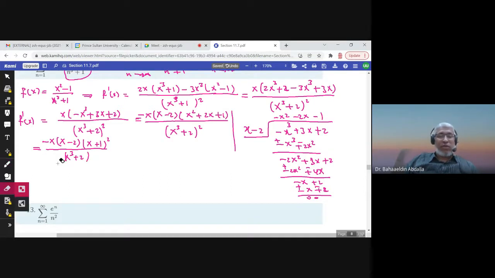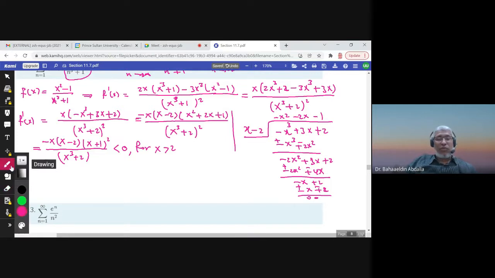So it wasn't really easy to factor this polynomial, okay? And now f prime has some zeros. 0 is a zero, negative 1 is a zero, 2 is a zero. The important one for us is 2, and we need to check what happens for x greater than 2.